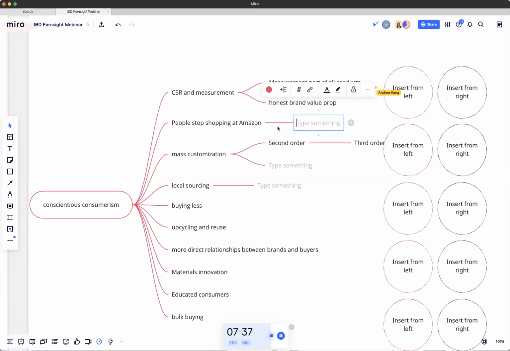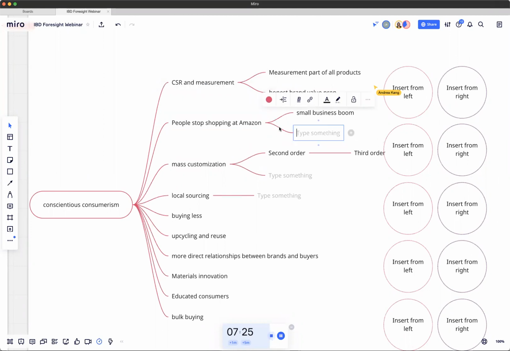So maybe it's like a small business boom. Yeah. Okay. What else? Stop shopping on Amazon, mass prices go up. That's a valid point. Yeah. I think that's an important point that both positive and negative things happen, even when changes are on the surface kind of positive.